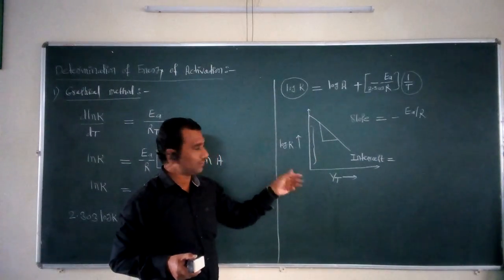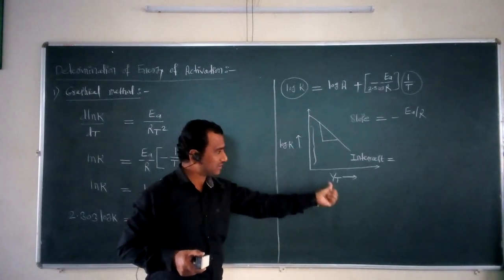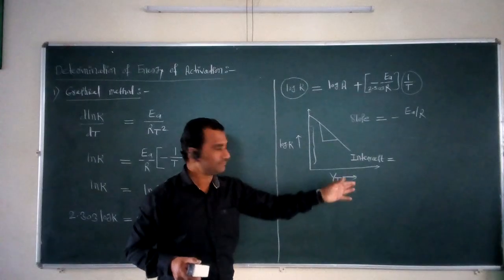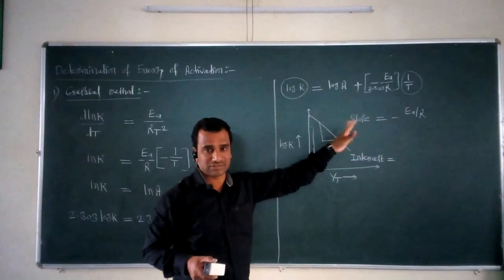So what will we get here now? If we plot a graph of log k versus 1 upon T, we will get a straight line with intercept and slope. So what is the value of this slope?